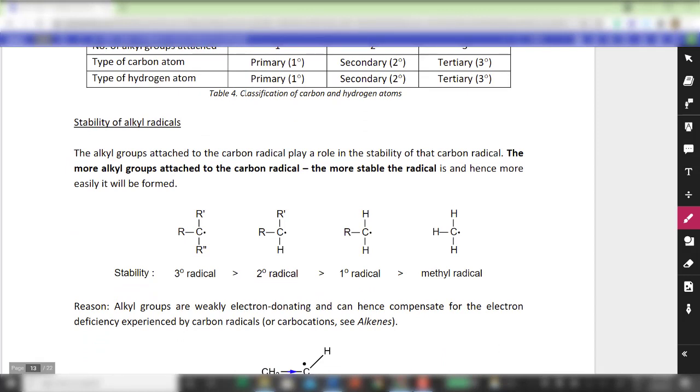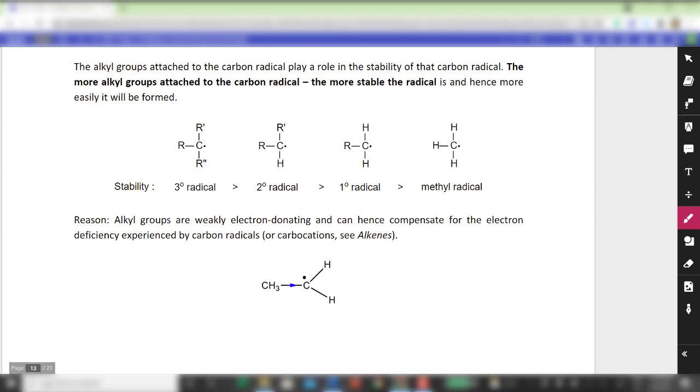A tertiary radical, a radical carbon center bonded to 3 R groups, is more stable than one bonded to 2, and a secondary radical is more stable than a primary radical, and a primary radical is more stable than a methyl radical. And why is that the case?